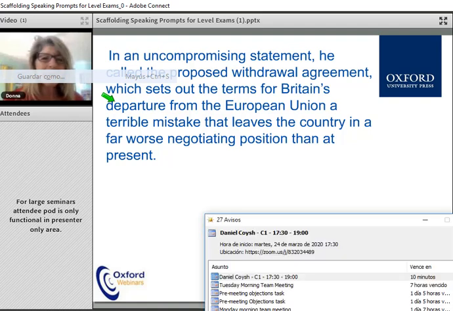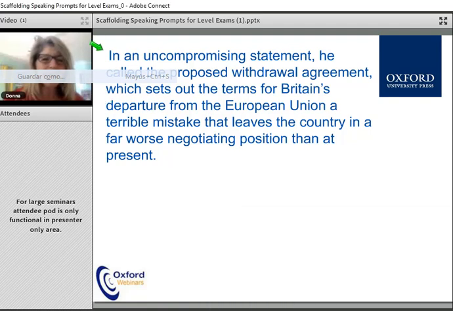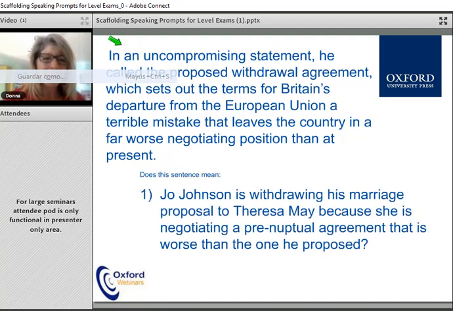Does it mean that in an uncompromising statement, he called the proposal withdrawal agreement? This is something, I have to say, that is kind of complicated to see in a webinar. You're going to have to ask Neil for it so you can sit and really look at it. It'll make a lot more sense when you can see these slides together.